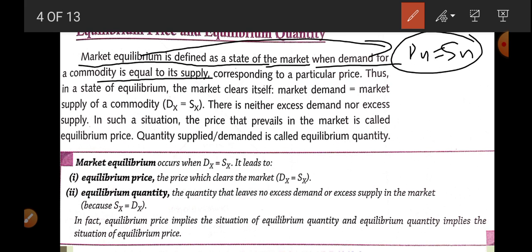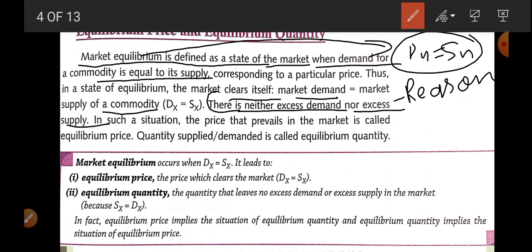In a state of equilibrium, the market clears itself, that is, demand is equal to supply. There is neither excess demand nor excess supply. That is the reason it is known as market equilibrium. The price that then prevails in the market is called the equilibrium price, and the quantity is known as the equilibrium quantity.